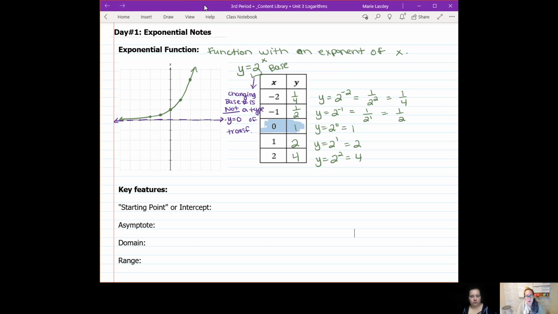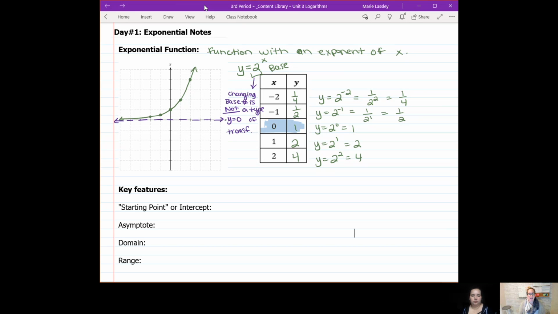A lot of people think that it is. If I were to plug in a 3 instead of a 2, that doesn't mean that I dilated my function by 3. If I were to plug in a fraction, it doesn't mean I'm dilating it by a fraction amount. Changing the base number is not a type of transformation. It's just a different starting function than y equals 2 to the power of x.